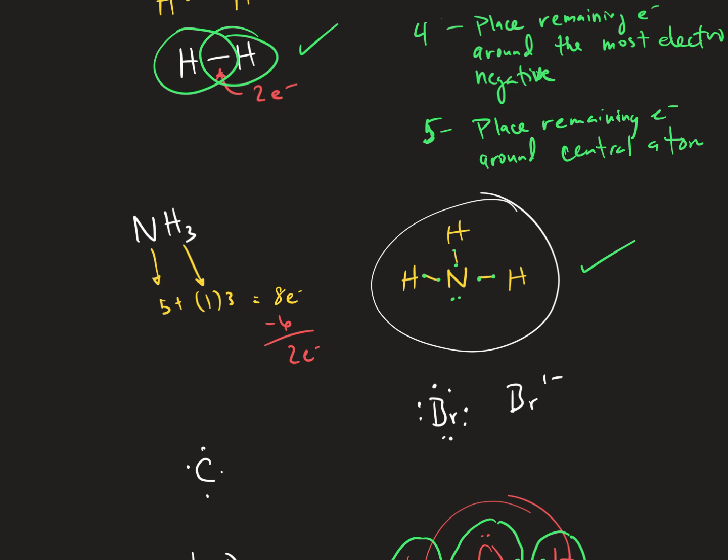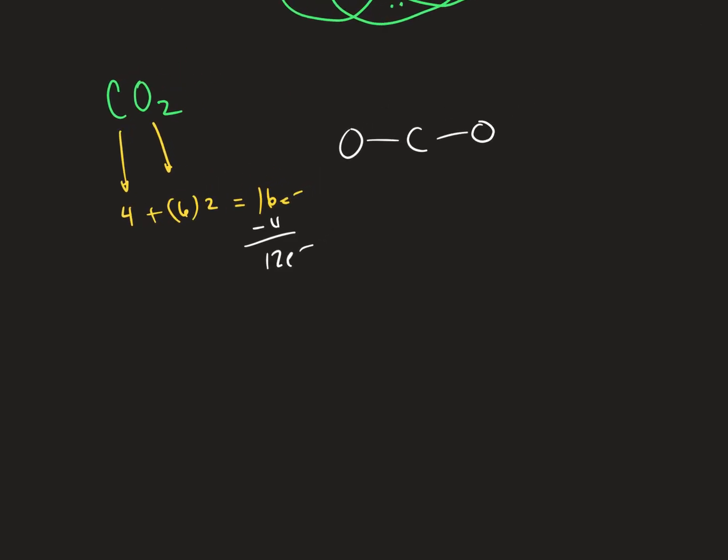It is the most electronegative, and it is the central atom, so it worked both ways on that one. So we're going to put them around the oxygens until each has an octet. It already has 2 with this bond, right? So we got 2, 4, 6, 8, 10, 12. We don't have any more.